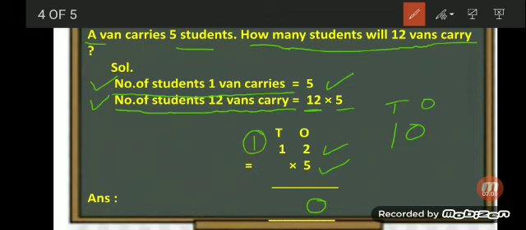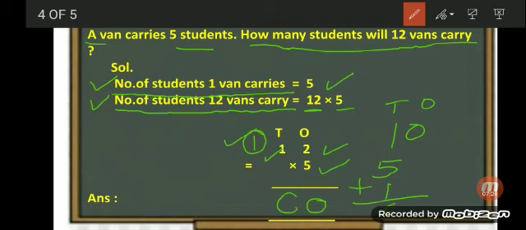Now we come to the tens place digit. Here we have to multiply between the factors only, that is 12 and 5. So we will say table of 5, one time. 5 ones are 5. And now what do we have to do? We have one carry over number also, that is 1. So we will add 5 plus 1, that is 6.